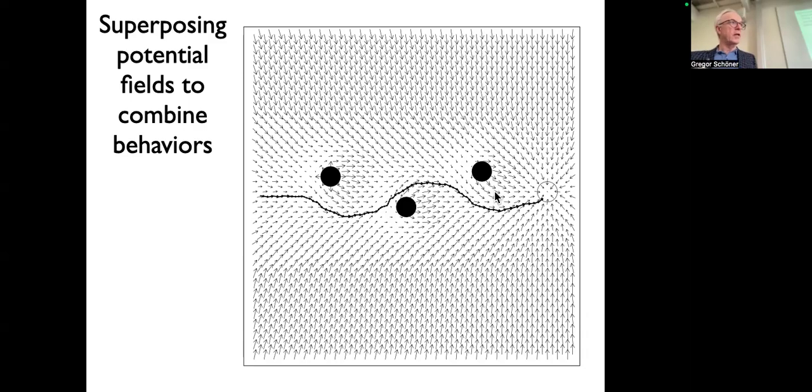Suddenly you see another obstacle, another contribution comes up, the vectors change a little bit, and therefore you're going a different way. So it feels very much like attractor dynamics, except that you're not in an attractor, right? You're actually always having these vectors that drive you. That's what you need to think about. You're only in an attractor once you're there.